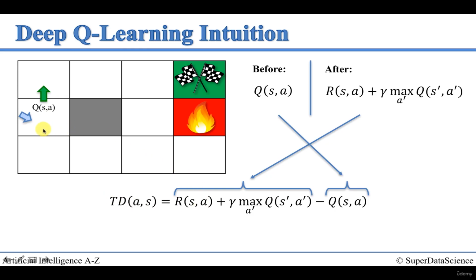We had an agent who was in this state over here, which is indicated by the blue arrow. And we were understanding how temporal difference works for this Q value of, for instance, going up. What we saw before, in the simple Q-learning, not the deep Q-learning, was that the agent had a certain Q value that he had learned about this action of going up.